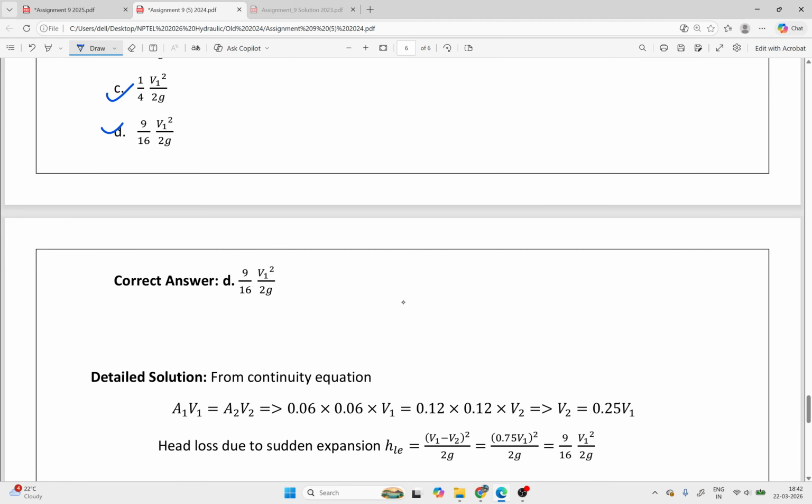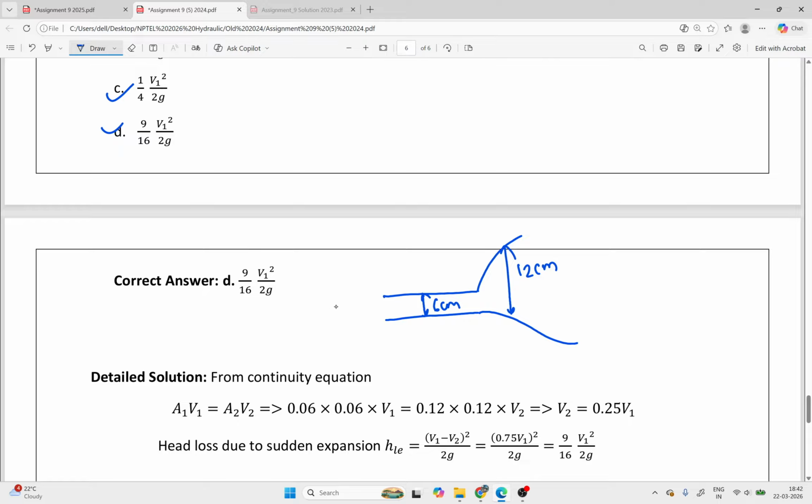You have one pipe of 6 centimeter, then a sudden expansion like that. This was your 6 centimeter diameter and this was your 12 centimeter diameter. And this is your velocity v1. So you need to write the head loss formula in terms of v1.